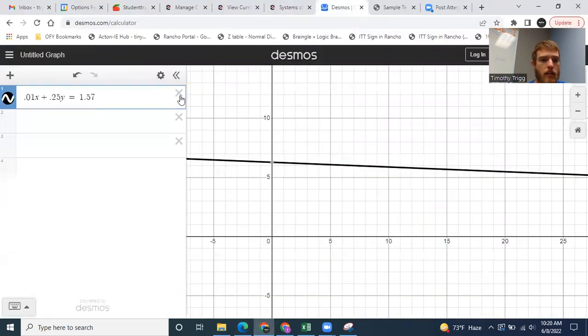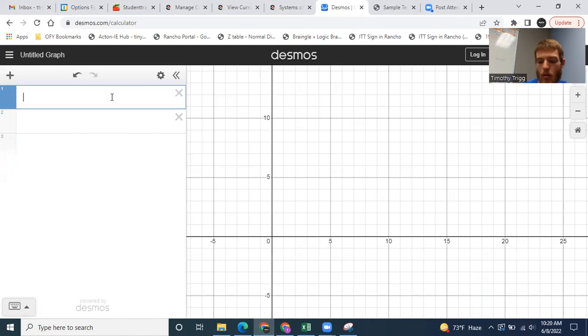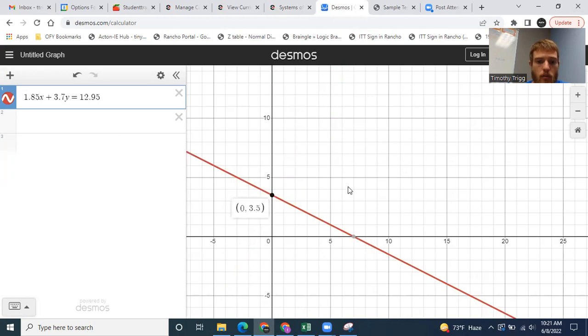I'm just going to graph it here on Desmos. 1.85x plus 3.7y equals 12.95. Okay, so it goes through 0, 3.5, and then another corner point is 7, 0.